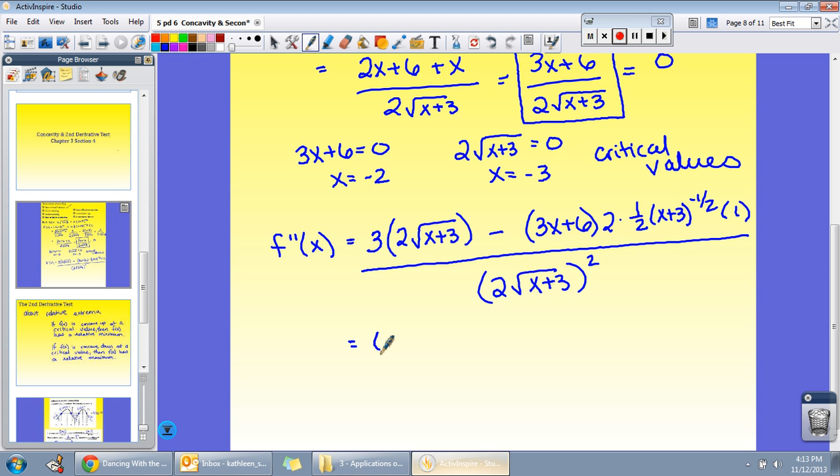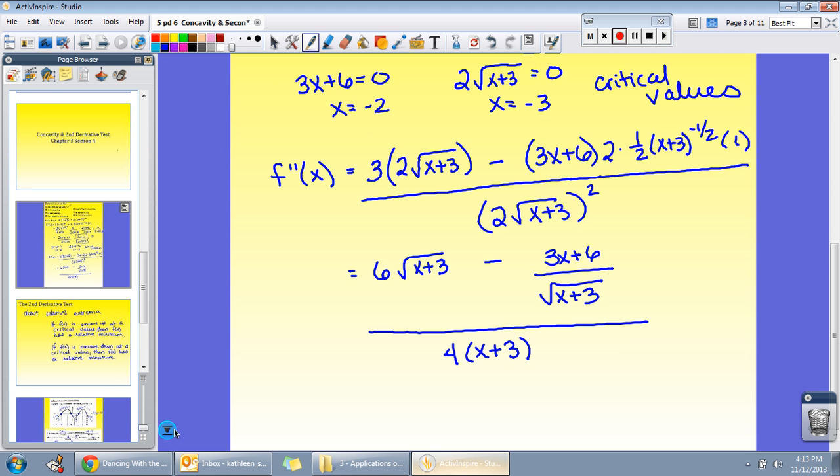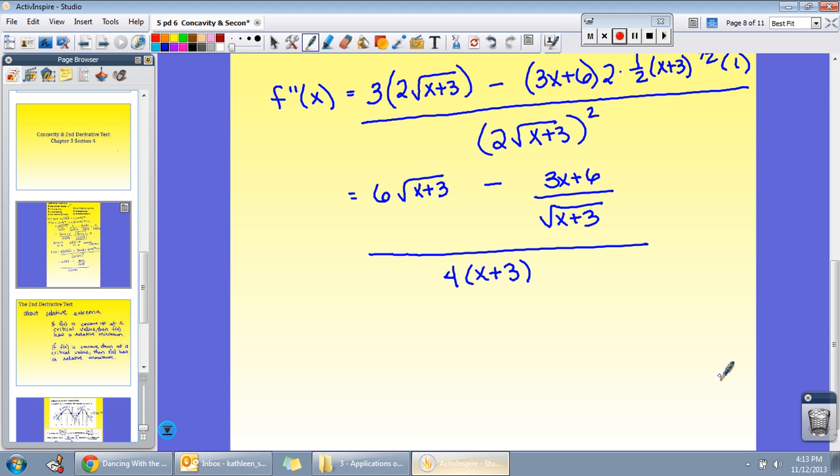Okay, so we're going to get 6 square root of x plus 3 minus 3x plus 6 over the square root of x plus 3 all over 4 times x plus 3. Okay, we cannot leave it like a complex fraction like this. So again, we're going to get a common denominator in the numerator.